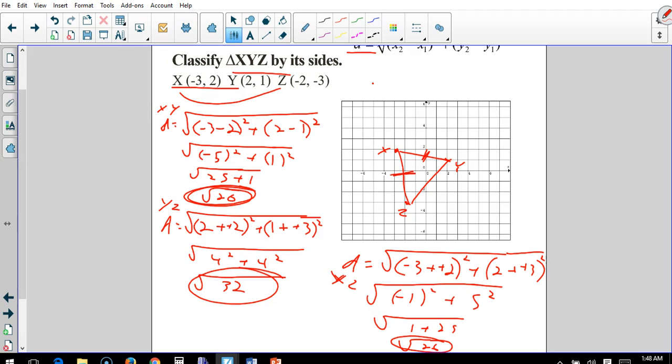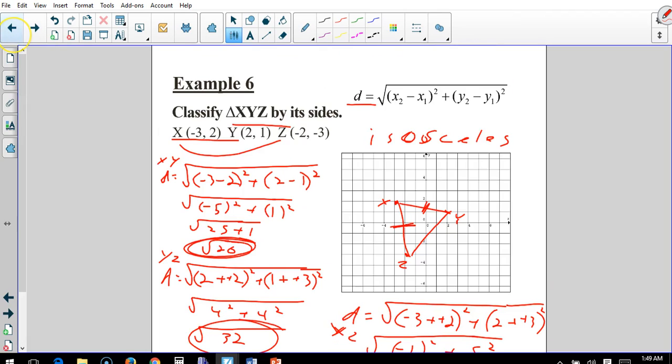Which means this is an isosceles triangle. And there you go, that's it.